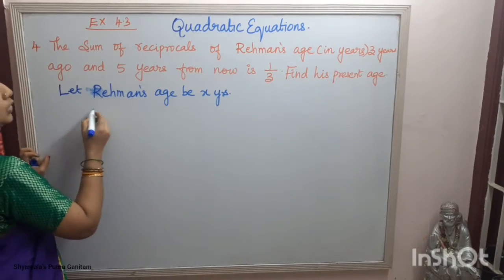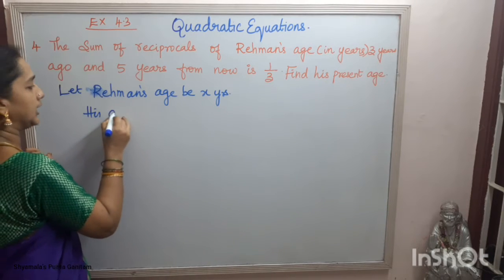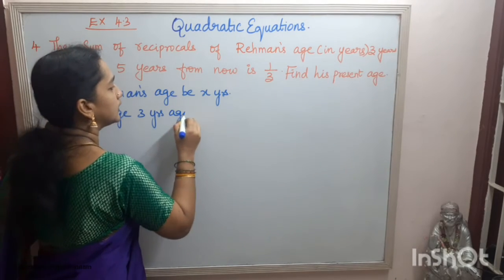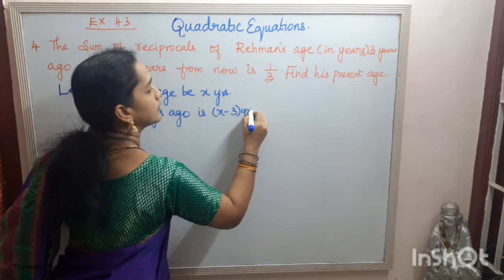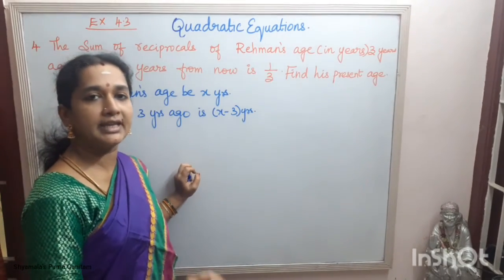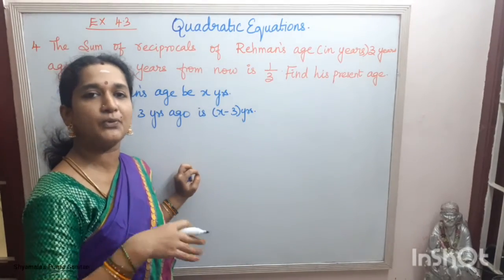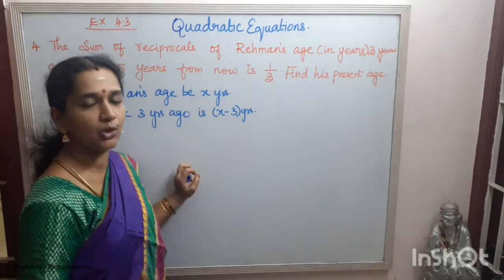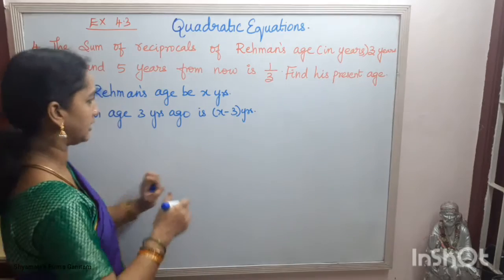Okay, so 3 years ago, his age is x minus 3 years. For example, if the age is 15 years now, 3 years back means 15 minus 3, that age will be 12 years. So the same thing, here we don't know the age. We have taken it as x. So you take it as x minus 3.